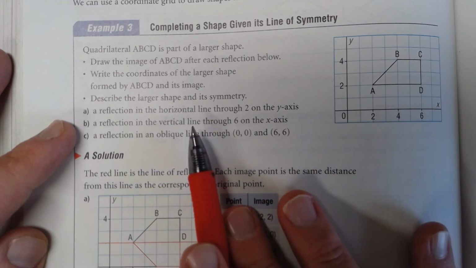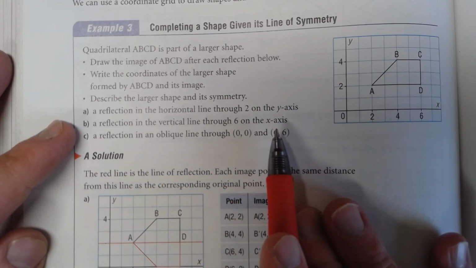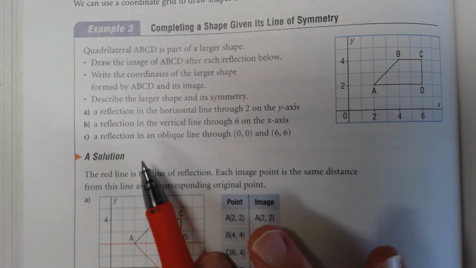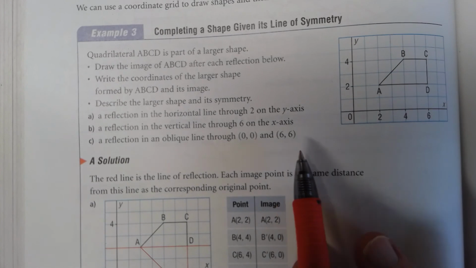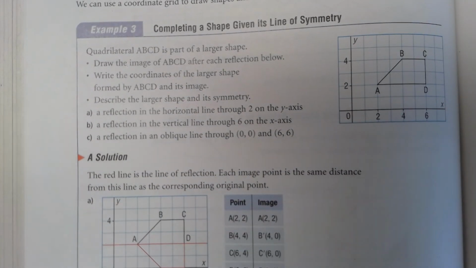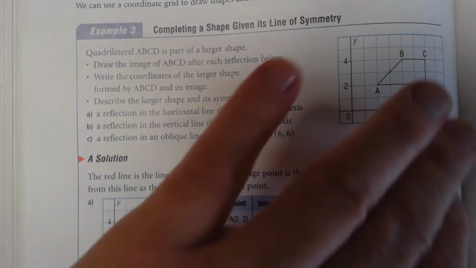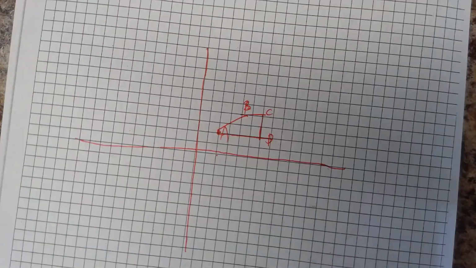A reflection in the vertical line through 6 on the x-axis. A reflection in an oblique line through 0, 0 and 6, 6. So what the heck does all that mean? Well, you're about to find out if you don't know.